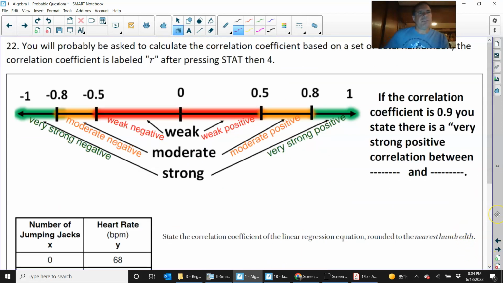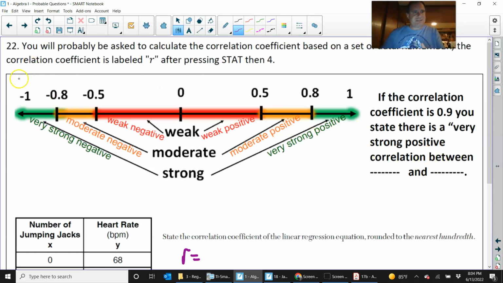Number 22, you'll probably be asked to calculate a correlation coefficient on a set of data. This is different. Correlation coefficient is the R. All right, so just remember, stat diagnostics is on. Just leave it there. After pressing stat, you press 4 again to get this.